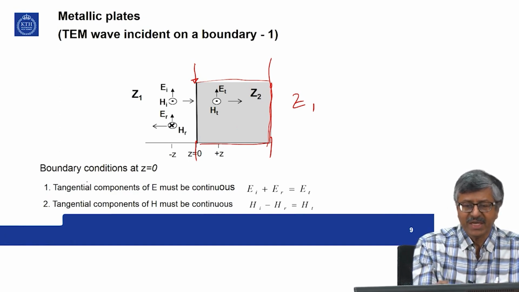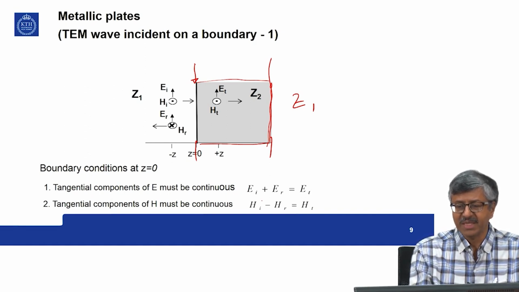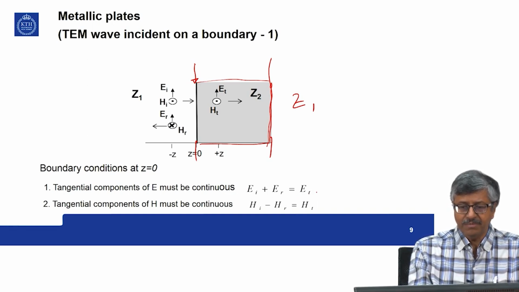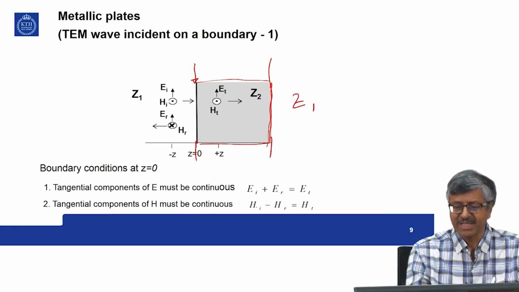So, boundary condition at z equal to 0 is tangential components of E must be continuous. It means that EI plus ER equal to ET. Then tangential components of H must be continuous. So, based on the assumed directions, we can write HI plus HR.